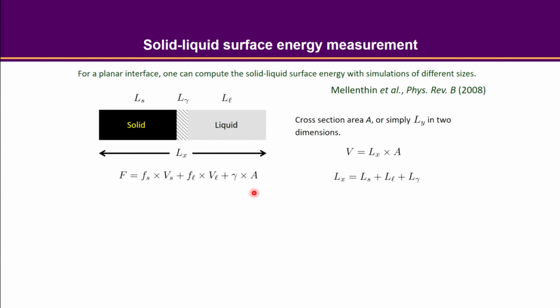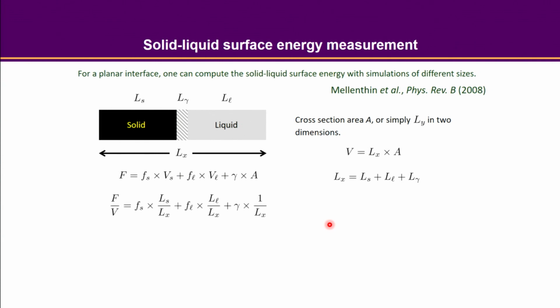But interfacial energy is usually measured as energy per unit area, so here I only multiply by the cross-sectional area, okay? That's quite general, but in the special case of 2D, the A here is simply my Ly, and the volume is just Lx times Ly. In general, you can write that as in the 3D case.